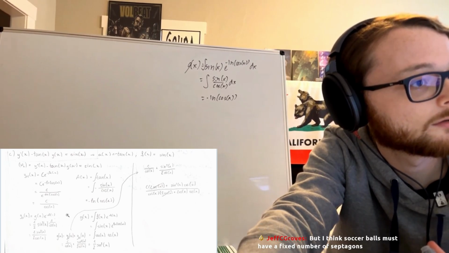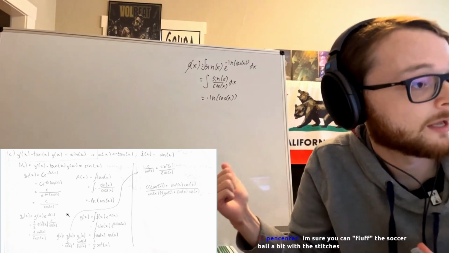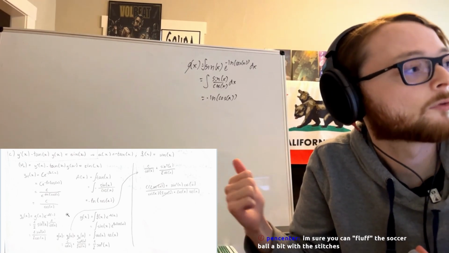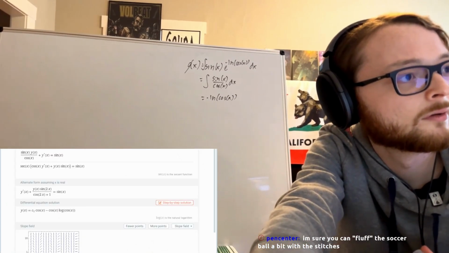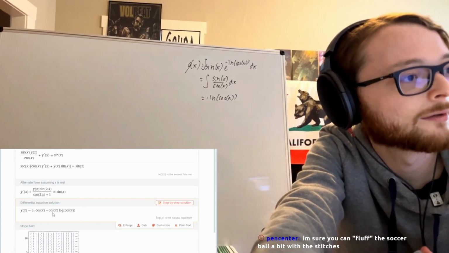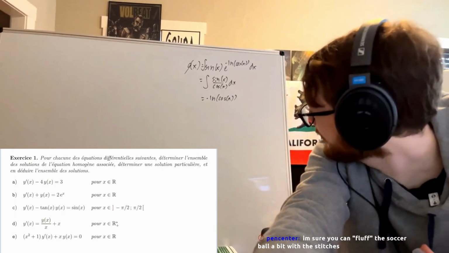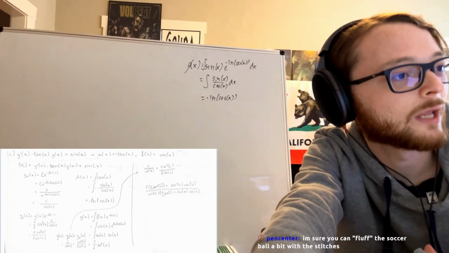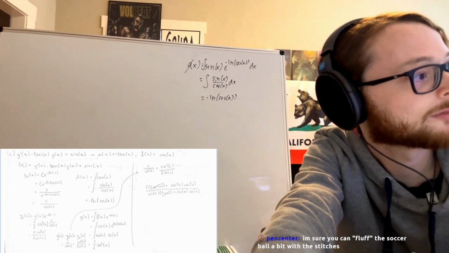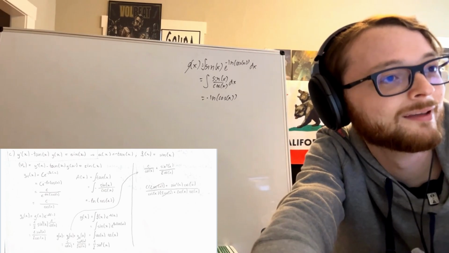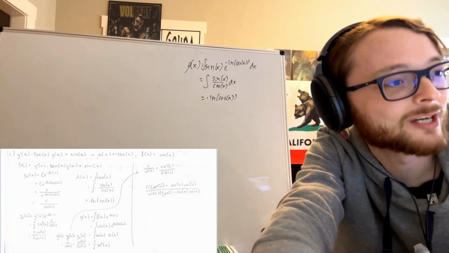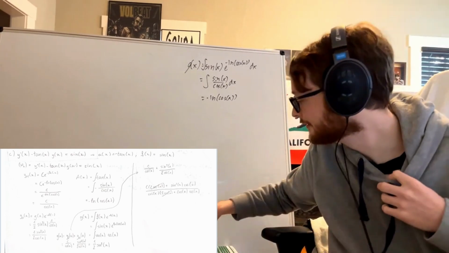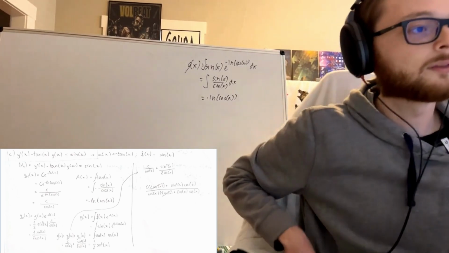So it should be ln cosine x times cosine x. Okay. With a minus sign in front? Yeah, with a minus sign in front. Okay, so they messed up a sign, and that messed up the entire rest of the problem for them, I think. Which kind of sucks. But I think we spotted the issue here.